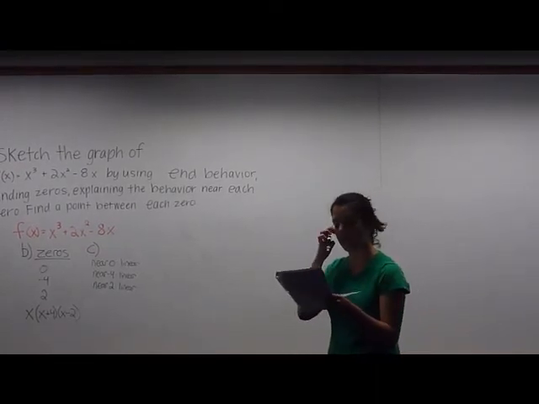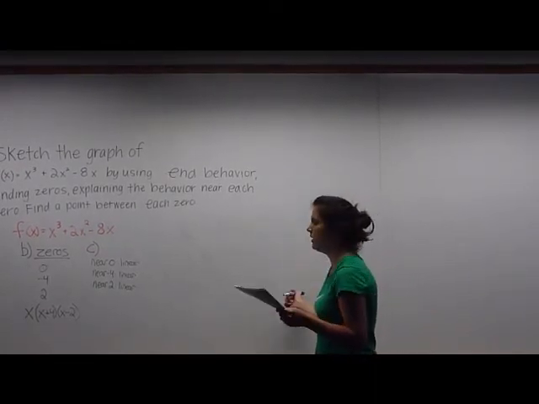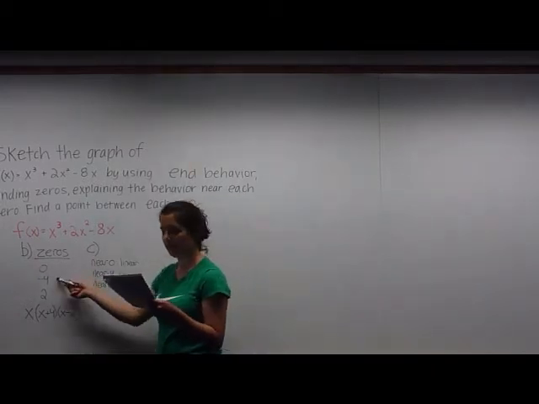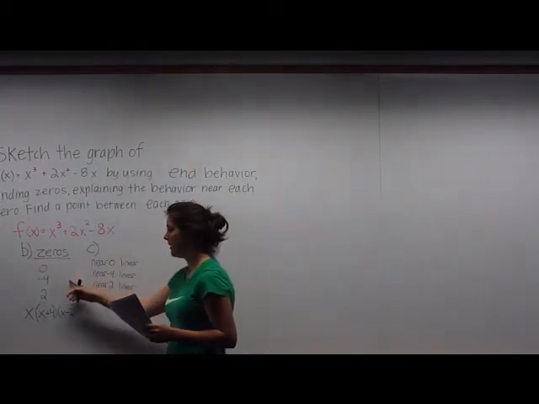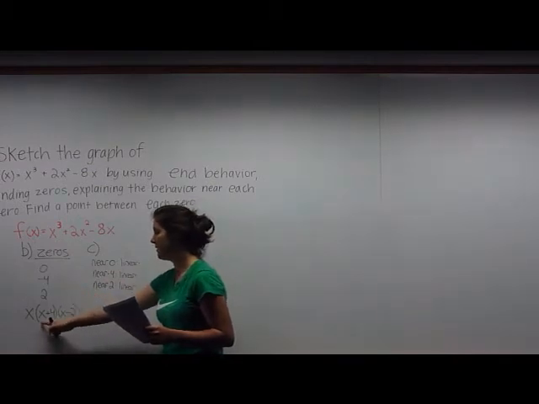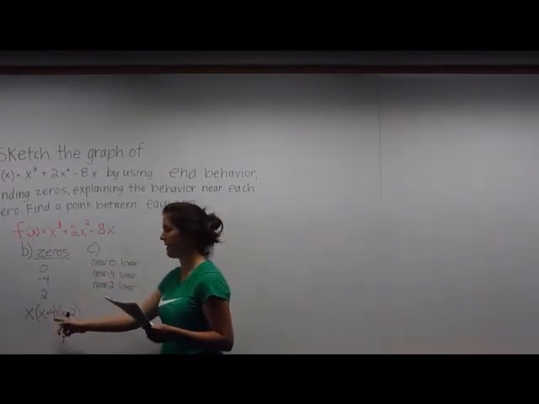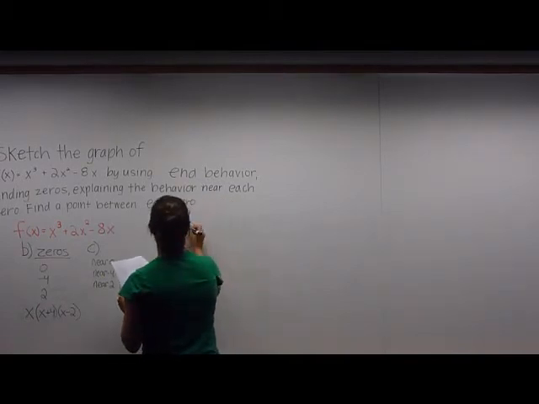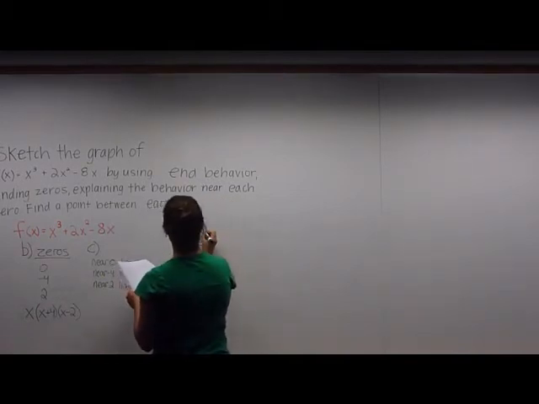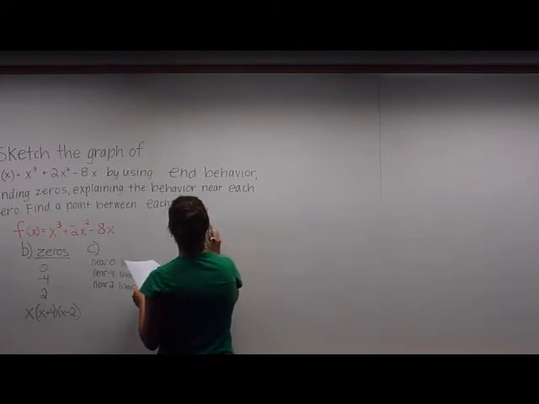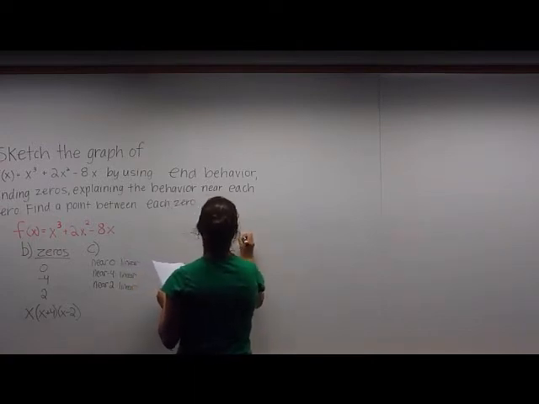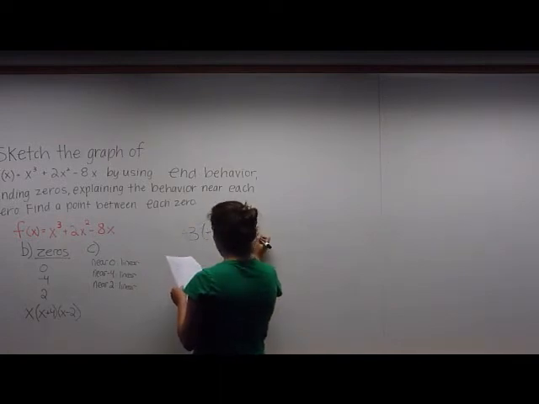So the last thing we need to find is a point between each zero. To do this, we have to pick a point between the zeros. So let's pick negative 3. You plug negative 3 into x, and the easiest way to do that is back to the factored form. So negative 3 times negative 3 plus 4 times negative 3 minus 2.